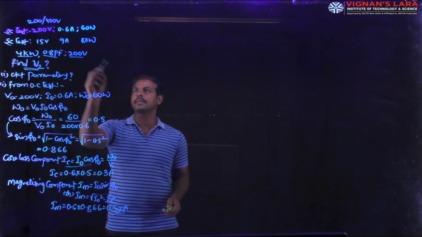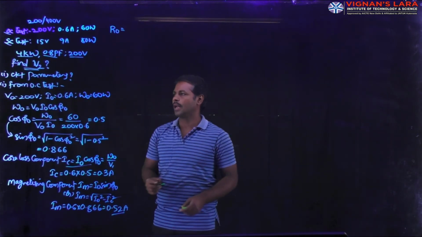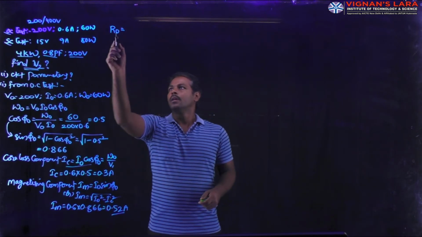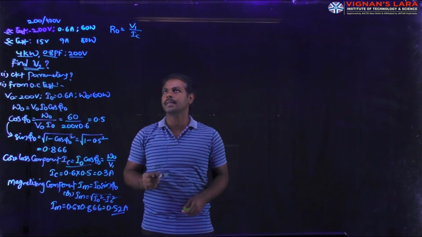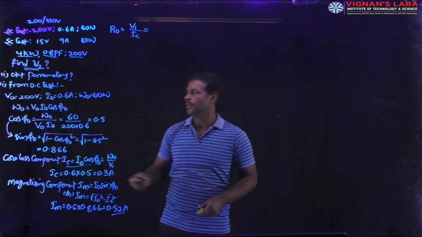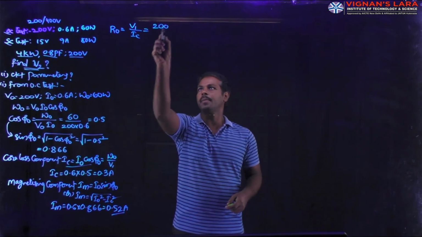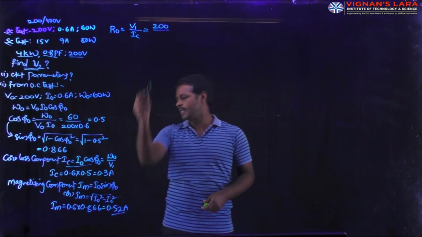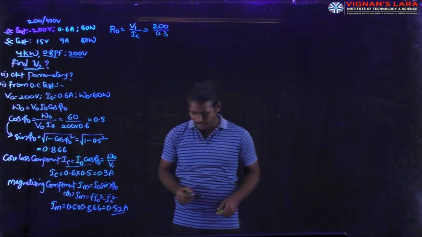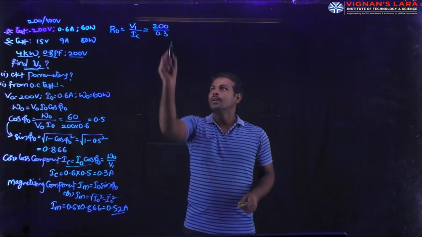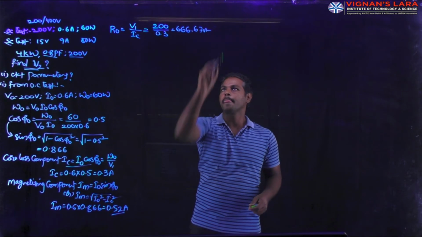Another one is R0 and X0. R0 is equal to V1 divided by the IC component. V1 is also equal to the no load voltage, 200. So 200 divided by IC, which is 0.3, is equal to 666.67 ohms.